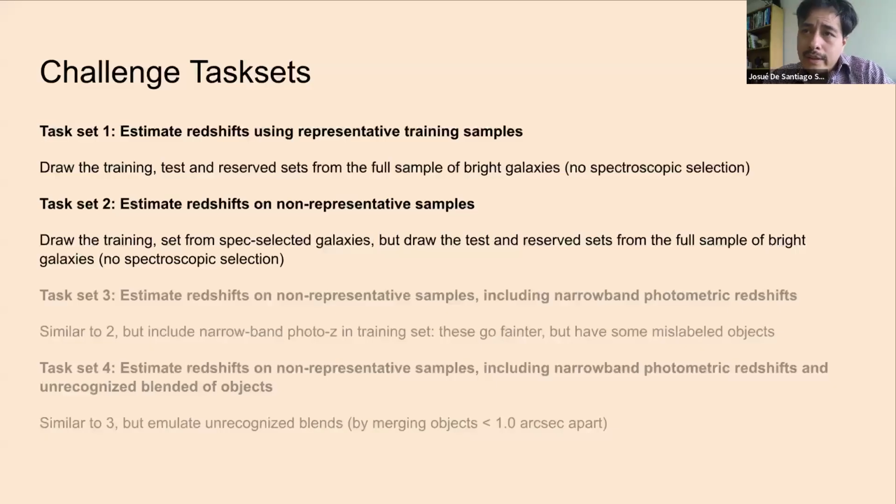The second task set includes the spectroscopic selection, so the training set is not representative of the data. The third task set includes also some narrowband photometry, which means that the training set includes some fainter galaxies, but the redshifts are not necessarily correct. And the fourth task set includes some recognized blends, for galaxies that are too close together in the sky. Next, please.